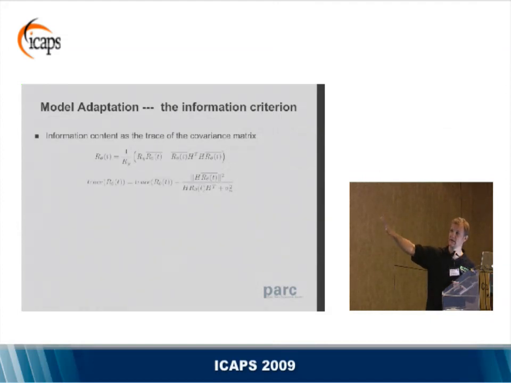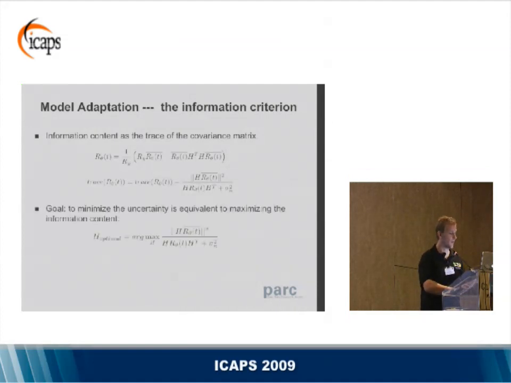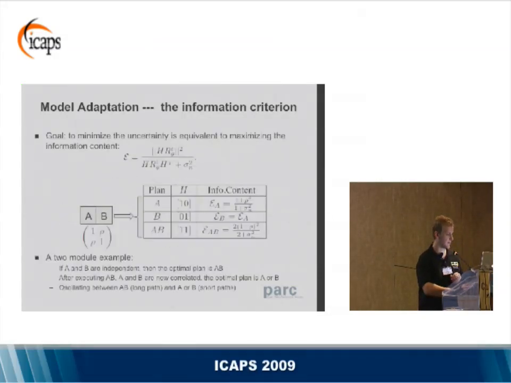What this says is, if this is the trace which I had before, and this will be my new trace given that I run through this update, then I have to maximize that last term in order to get the minimum uncertainty, because the trace is a measurement of the uncertainty you have in the system. So we need to find plans which optimize that nasty term down there, and I will talk a little bit about that.